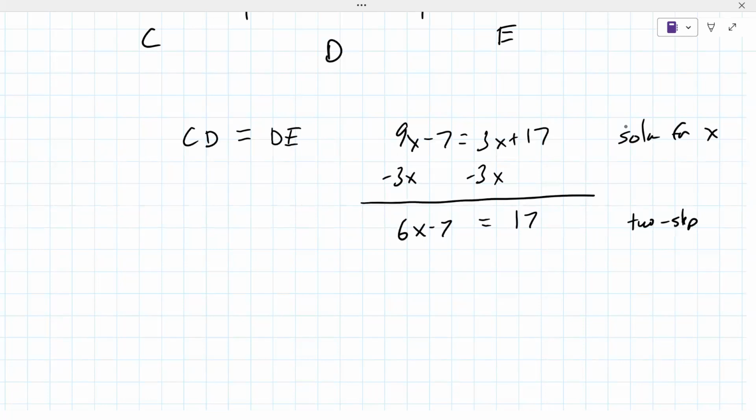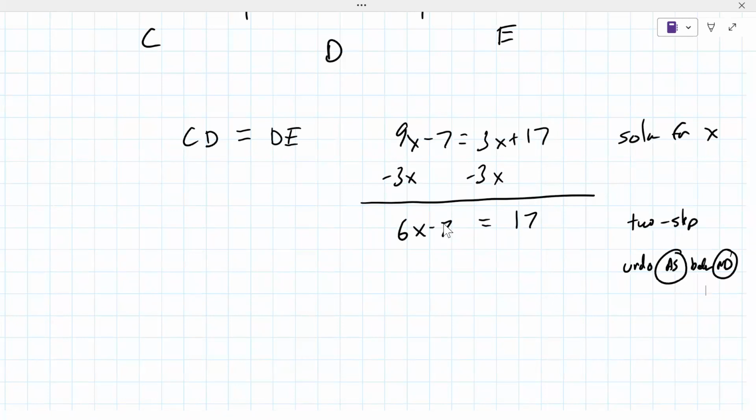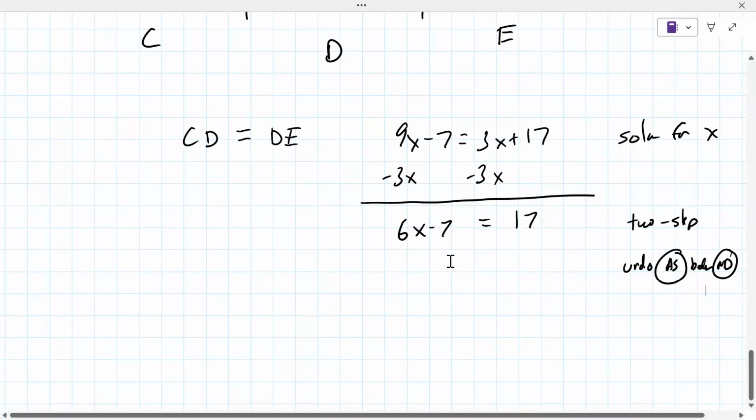We've solved a bunch of these. You undo addition and subtraction before multiplication and division. So you look at the side with the variable, the left side, you don't care about the right, and you undo the addition and subtraction before the multiplication and division. What does that mean here? What are you going to undo? Negative 7, by adding 7, yes.